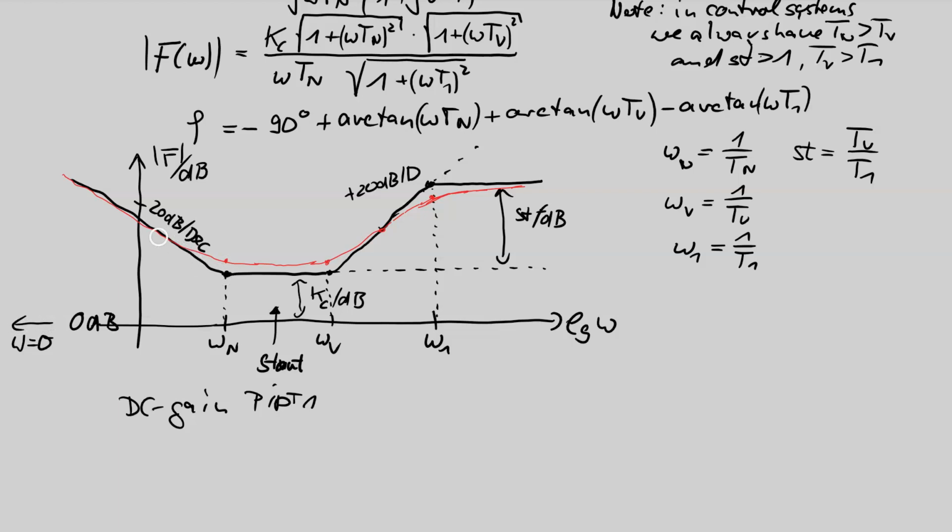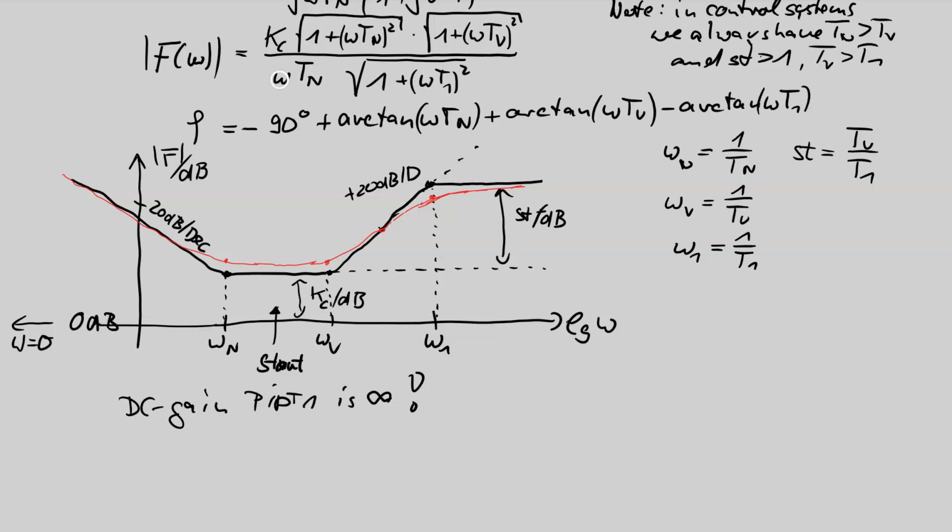What you can see here is a ramp with -20 dB per decade, so this is an increase which is never ending. So we can say the DC gain of a PIDT1 is infinity. Don't forget it. You can see this, of course, here in the magnitude curve. If you replace omega with 0, you see this is 1, this is 1, this is 1, this is Kc.